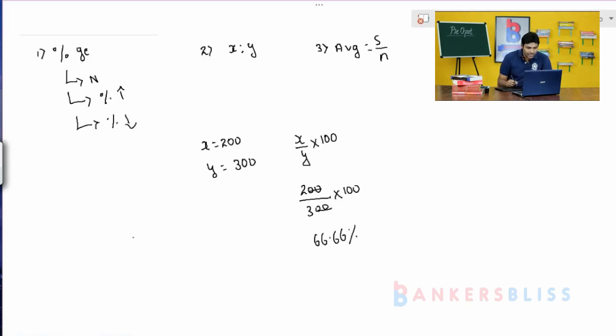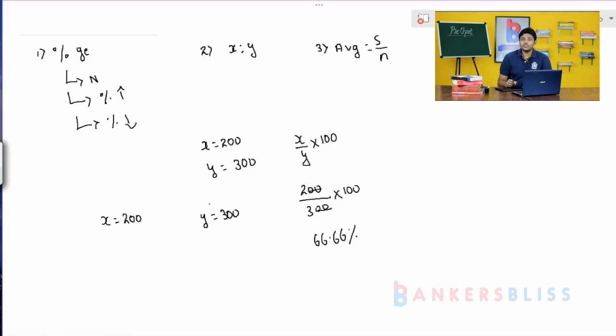Now x is 200 and y is 300. With respect to x, how much percentage is increased? Y is how much percent more than x?